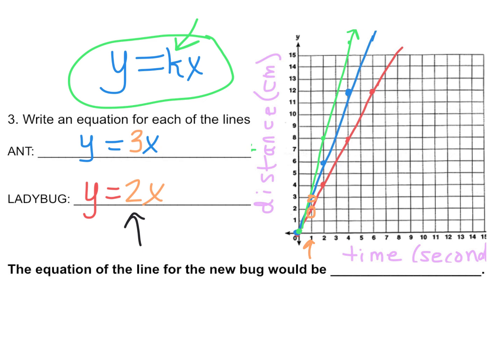So our new bug, and you're going to put it on that line right there, our new bug is twice as fast, so that is 4x, which is also on the graph. The new bug, after 1 second, travels 4 centimeters per second. So to write the equation for the constant of proportionality, we use their speed. So 2 and 3 and 4.